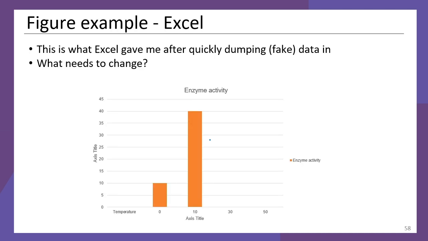So I've got an example. This is a mock-up that I just made very quickly in Excel after dumping some data in there. It initially put them both as columns, which confused me because I don't normally use Excel these days. What needs to change here?